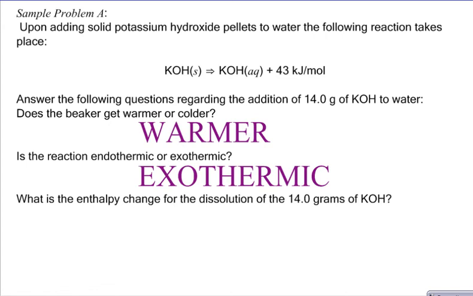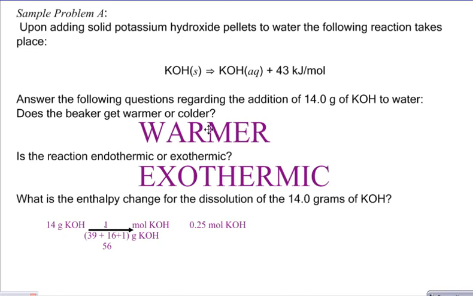Lastly, we're asked to calculate how many kilojoules would be produced by 14 grams of potassium hydroxide being dissolved. Well, we can't do anything in grams, so we're going to have to convert those grams into moles. So 14 grams of potassium hydroxide become how many moles of potassium hydroxide? We divide by 56, and we end up with 0.25 moles of potassium hydroxide.